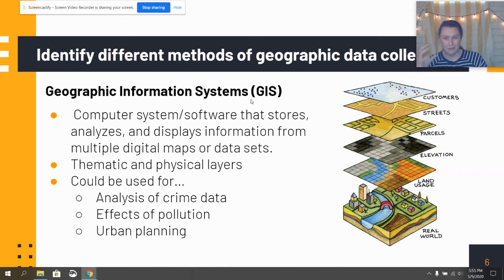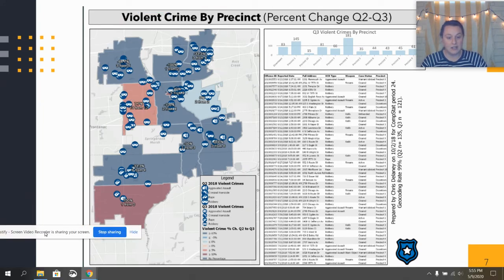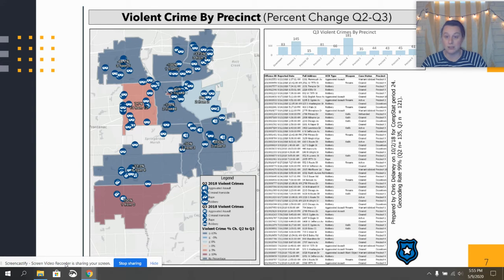But in real life, what is it going to be used for? Well, the first thing that is most common, at least for us, is analysis of crime data. This is actually really interesting. Here is an example of a GIS program used to analyze crime. You can see these are all of the police precincts.